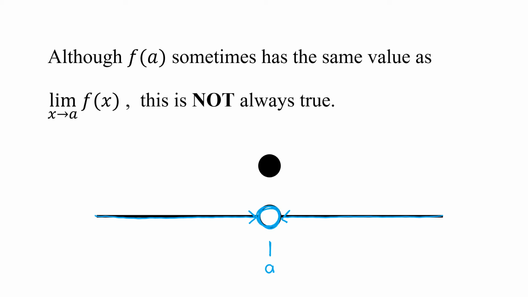But the actual output of our function is at this closed circle here. So although our limit is approaching whatever this value is, f of a doesn't actually have the same value.